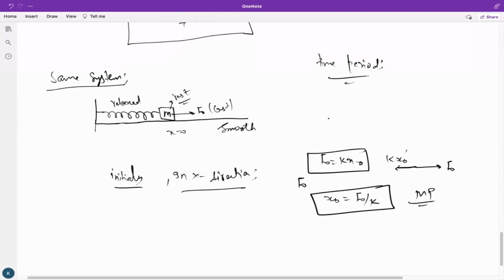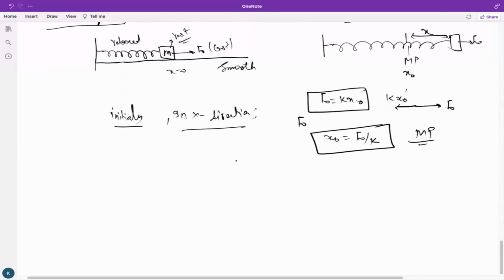Now, if I displace the system by some x, let us assume this is our mean position at x naught, and we displace it from here to here by x. There is still some force F naught acting. So at the displaced position, in the y direction, there is only mg and the normal force, so we are not considering it.